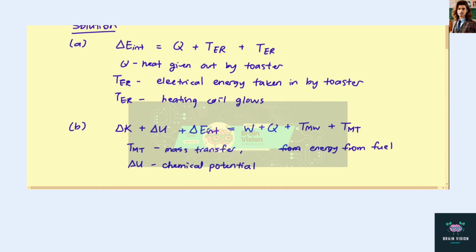I just want to make the TMT clearer: it's not quite energy from fuel, since that's actually the chemical potential energy. The delta U is chemical potential energy, and TMT is like the filling up of fuel.